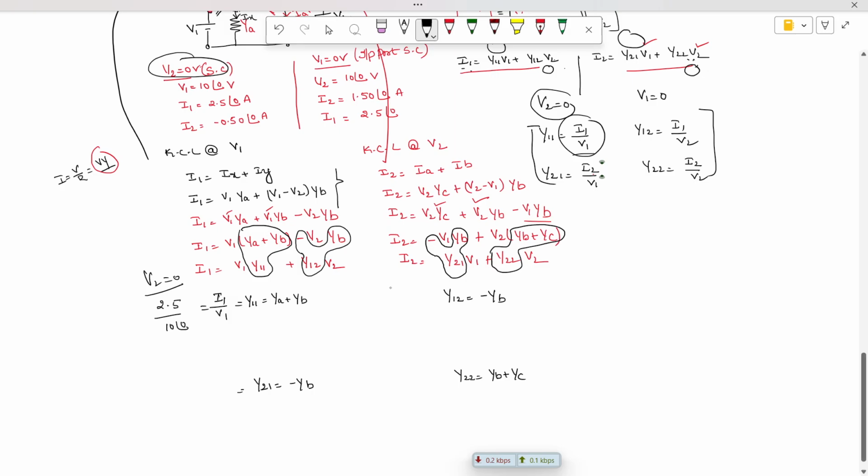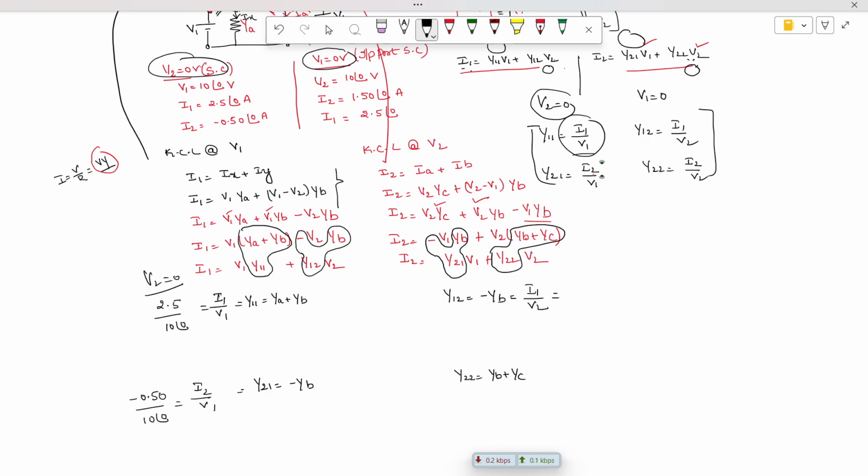Next, this can be written as I2 by V1. So here, what is I2 given? I2 is minus 0.50 divided by what is the V1 value? 10 at an angle 0. So next, this we can write down as I1 by V2. So here the input port is short circuited.